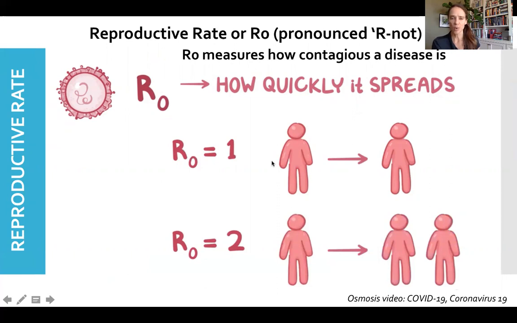An R naught of 1 is where if you have one infected individual, that person will only infect one other person. An R naught of 2 is where you have one infected individual, and that person infects 2 other people. There's a lot of complicated math that goes into that, but that's how we figure out the R naught.